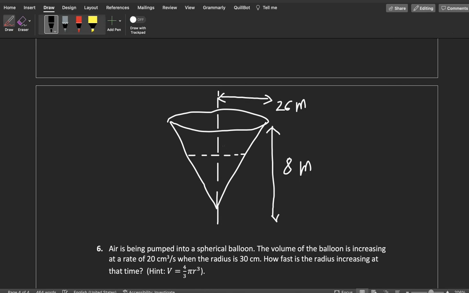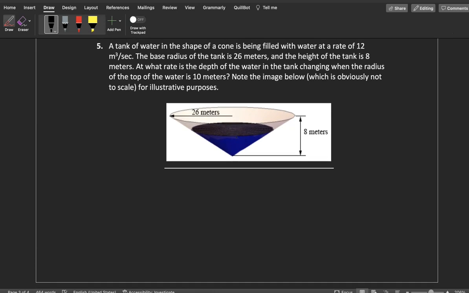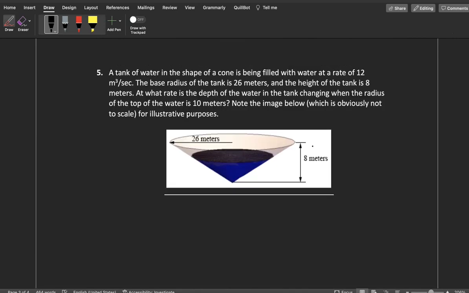This radius that they're mentioning, the radius of the top of the water, is basically this distance here that we can call R. So that distance, as it's changing with time, so sorry, no. We're asked to find the rate at which the water in the tank is changing when the radius R is equal to 10.